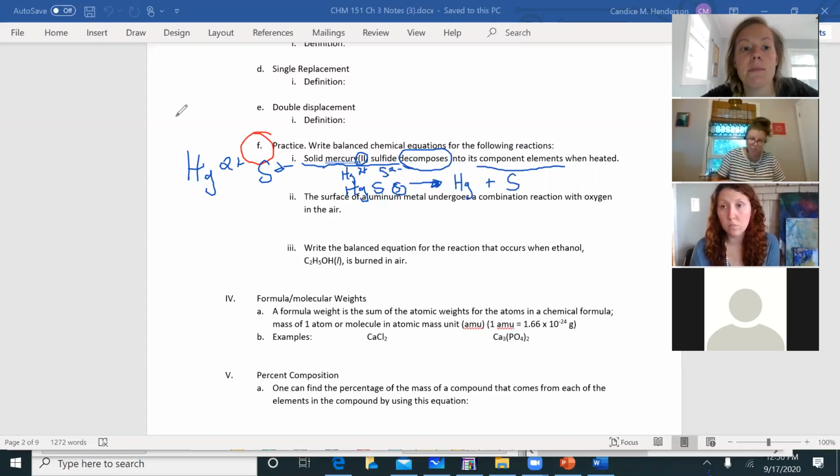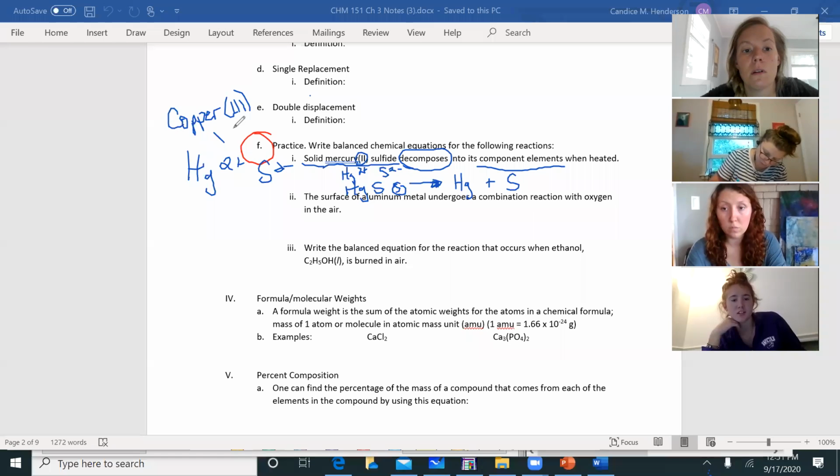So if I have something like copper 3, it does not mean I have 3 coppers. It means I'm dealing with copper with a 3+. So when you're writing a chemical equation, it just doesn't come into effect at all, ever?